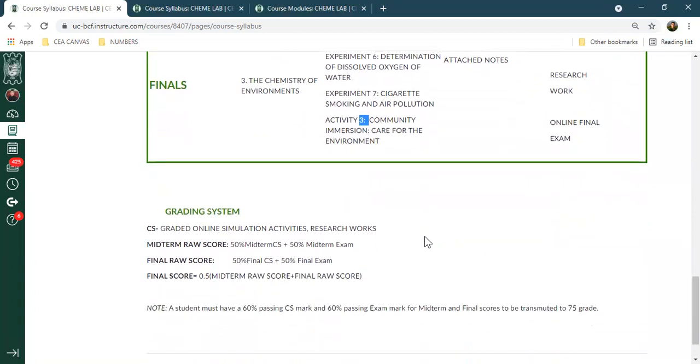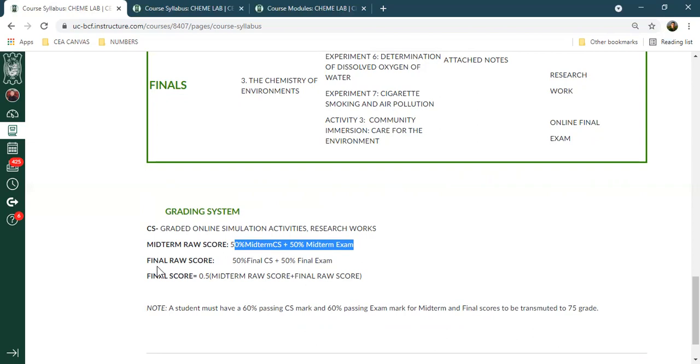Now let's go to your grading system. The University of the Cordilleras College of Engineering and Architecture uses a separate software to calculate your grades. For the midterm raw score, 50% of midterm CS plus 50% of midterm exam will be transmuted to your midterm grade.